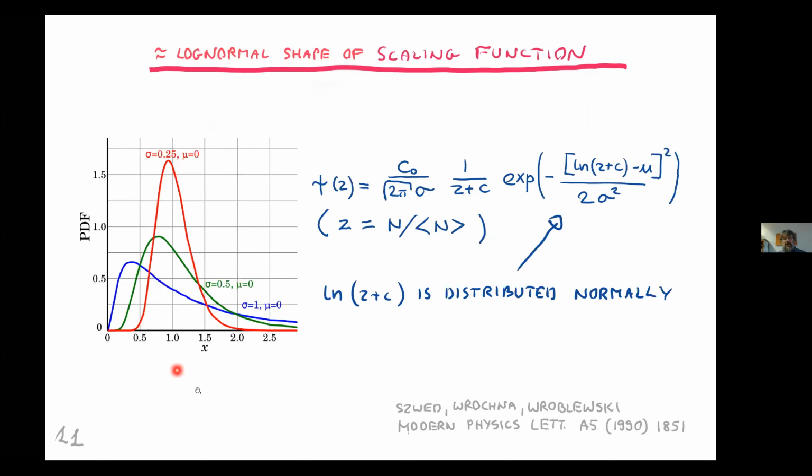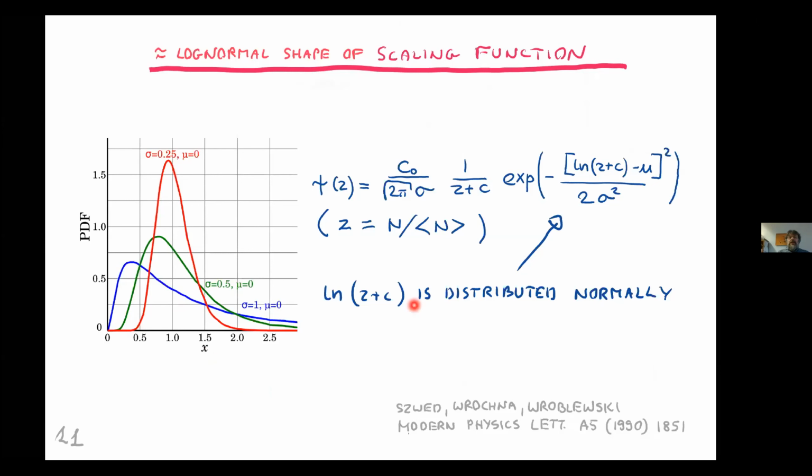And then if you go to the shape of this lognormal function, this x here should be replaced by z. In z, you have something very asymmetric, which is a property of the multiplicity distribution in e+e- and pp collisions.